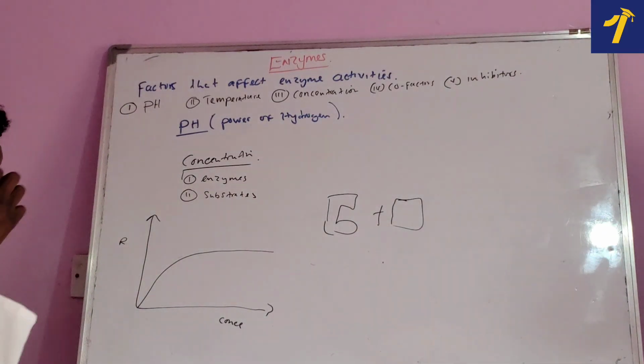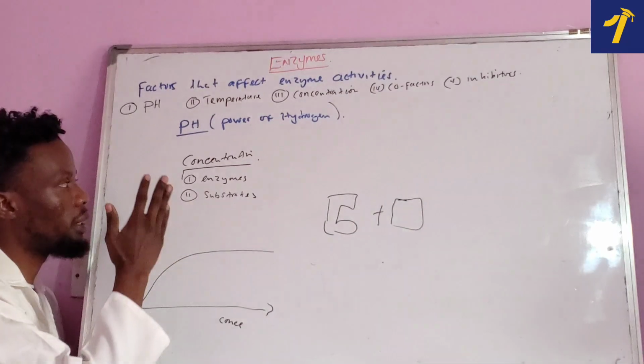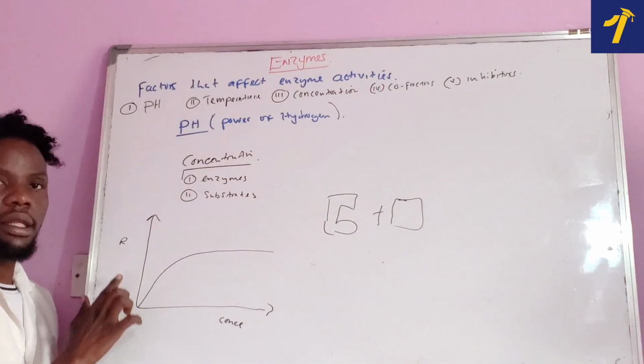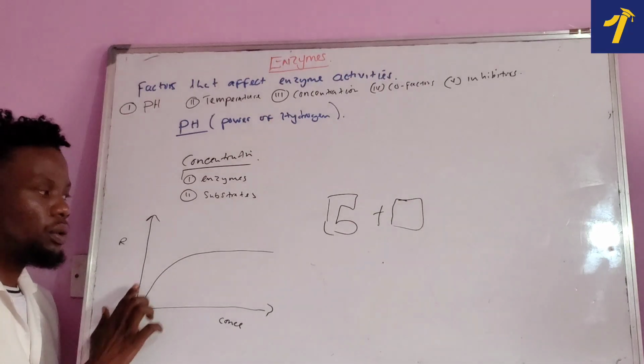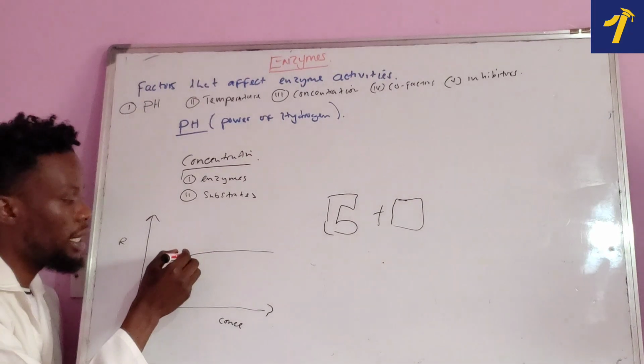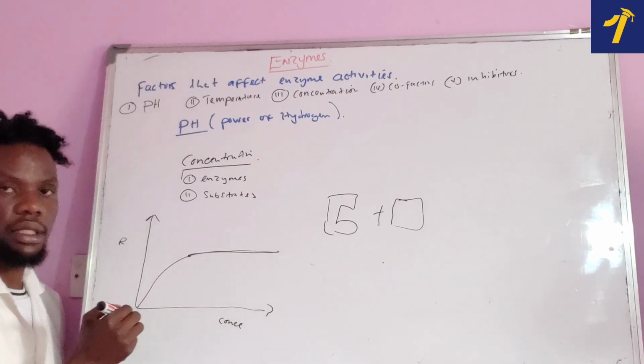Alright? So either way, the graph of the concentration of enzyme or substrate against the rate of enzyme activity looks like this. But what we just have to understand here is this part. Why does it remain constant?